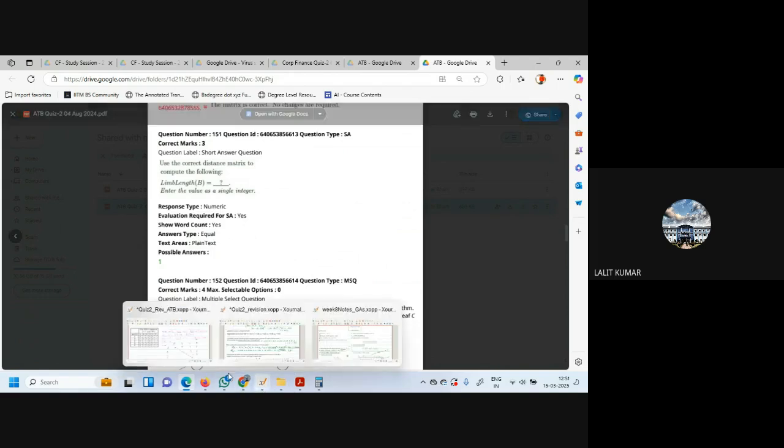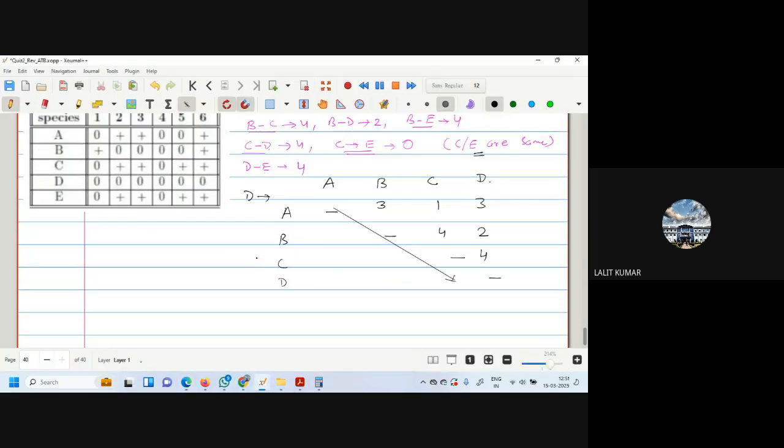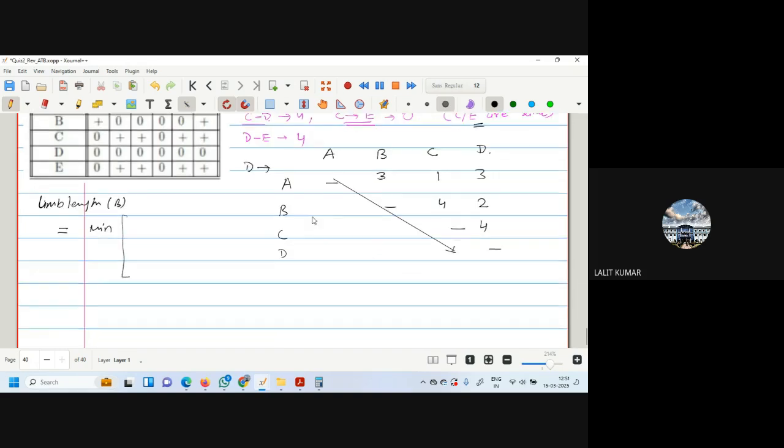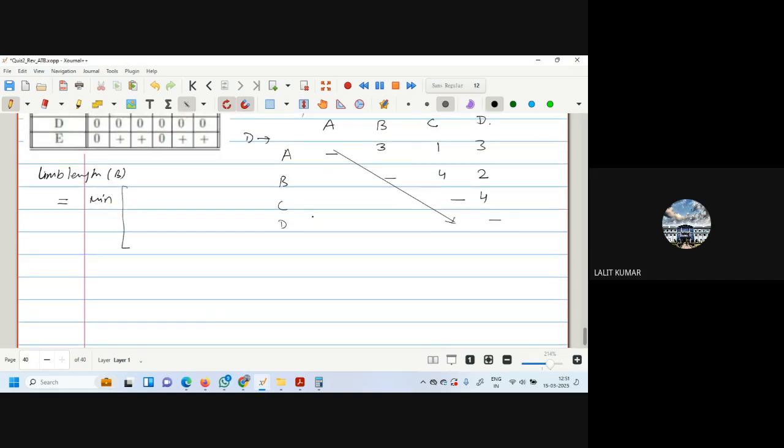Then use the correct distance matrix to compute the following limb length of B. Okay, so we have to find the limb length of B. So how do you find the limb length of B? Limb length of B is equal to minimum of, now see, I had explained this concept yesterday also.